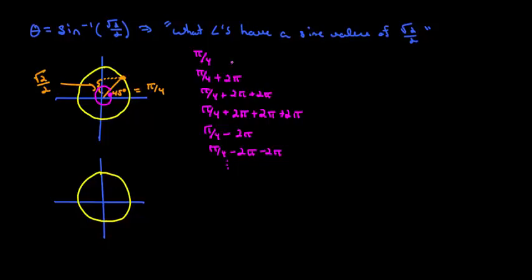So to describe this ugly set of values right here, how we describe this is pi over 4 plus 2k pi, where k is an integer. What that means is this value for k is any number that's in this set.